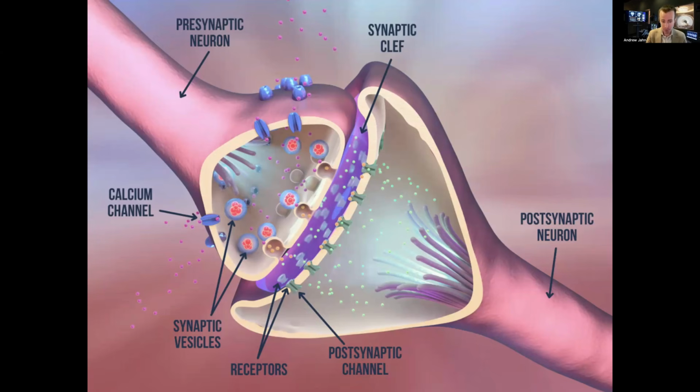So just to refresh your memory, we have presynaptic neurons and postsynaptic neurons, some kind of synaptic cleft through which neurotransmitters are sent from one neuron to the other, have some kind of excitatory or inhibitory function, depending what the neurotransmitter is. So these can be neurotransmitters, neuropeptides, primarily inhibitory ones like GABA, excitatory ones like glutamate.